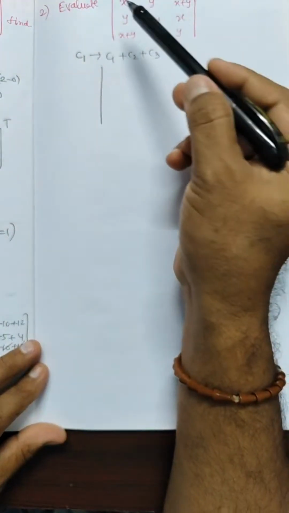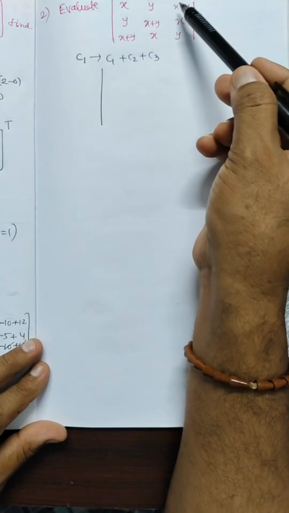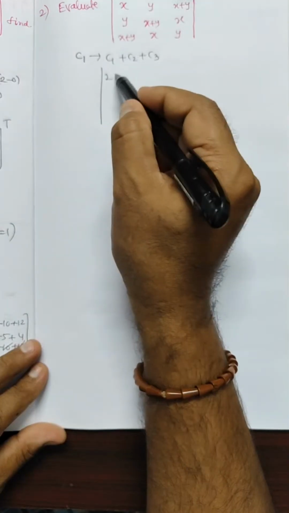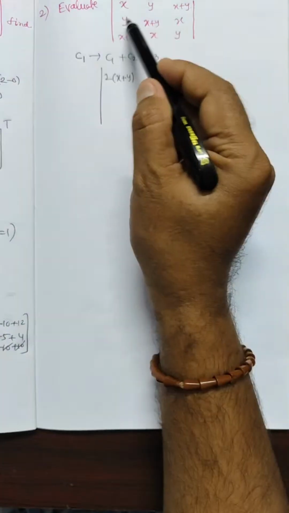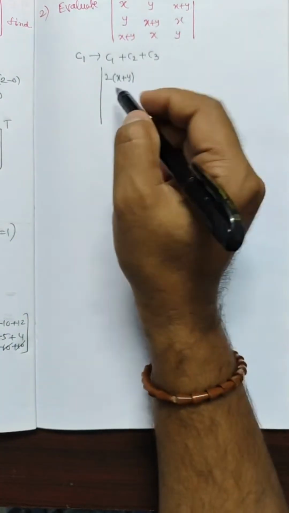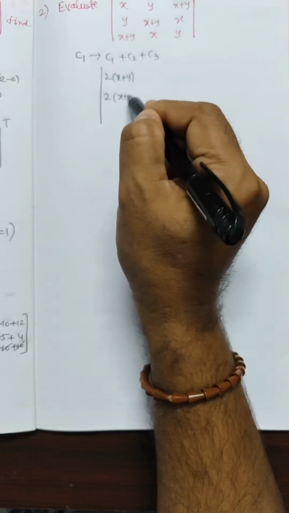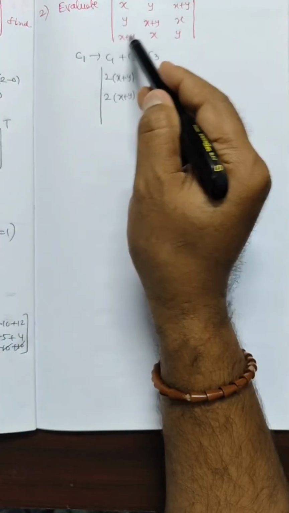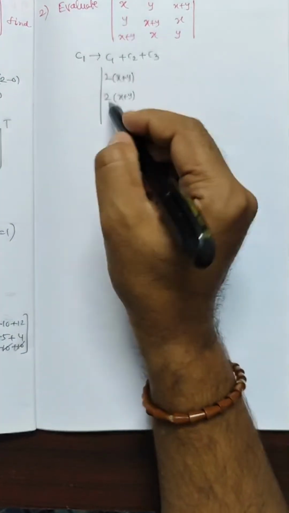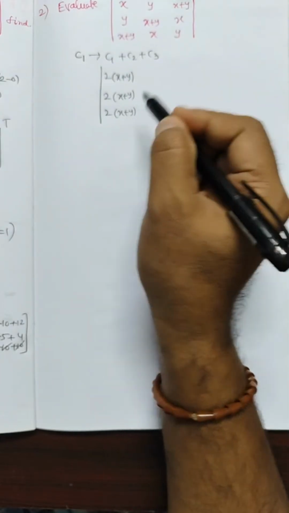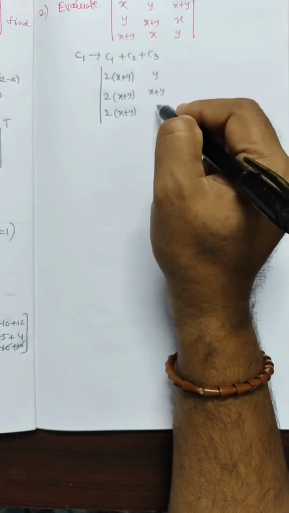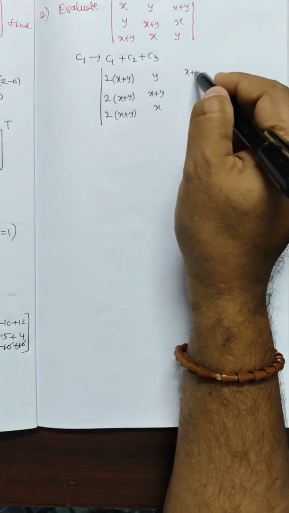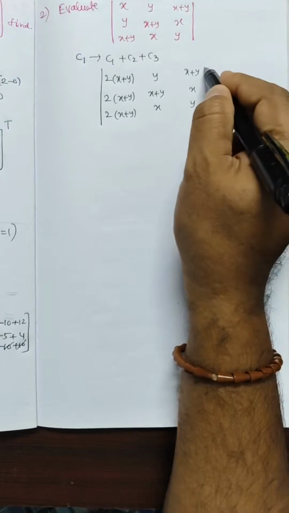In column 1, x plus y plus x plus y is 2 times x plus y, are you getting? Next, y plus x plus y plus x, again 2 times x plus y. Next, again x plus y plus x plus y, that means 2 times x plus y. The rest of the values are y, x plus y, x, x plus y, x, y.